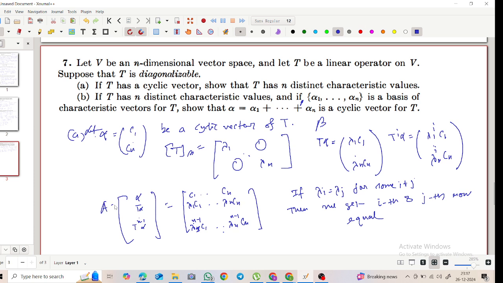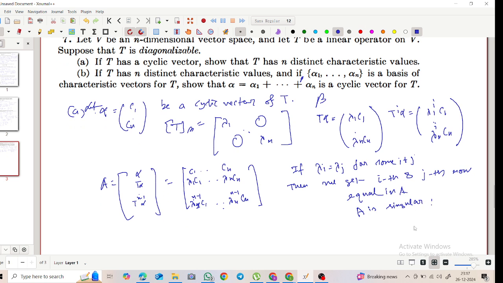So call it A, with equal rows, which means A is singular, right? But we all know that since alpha is a cyclic vector, this is a linearly independent set, right? So here is a contradiction. So lambda i can't be lambda j. So T has every eigenvalue distinct. Okay.